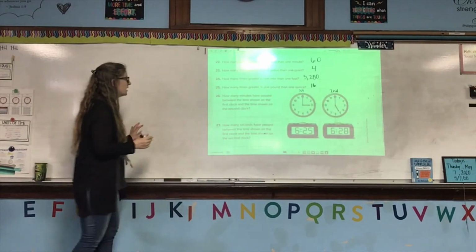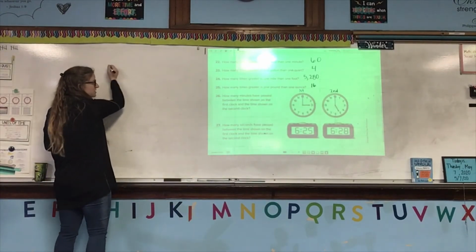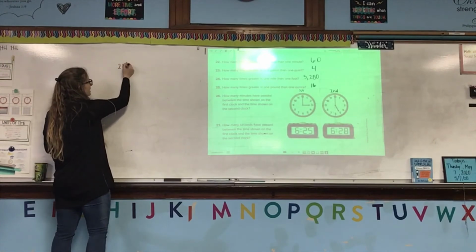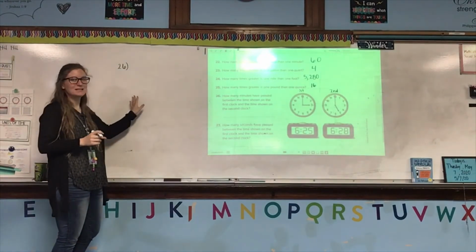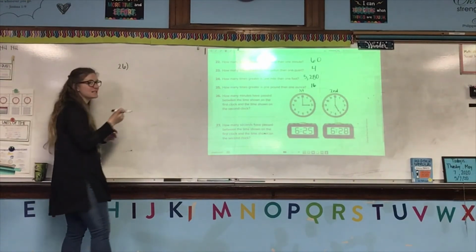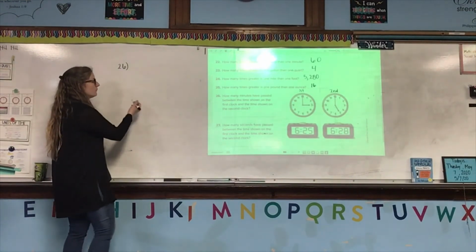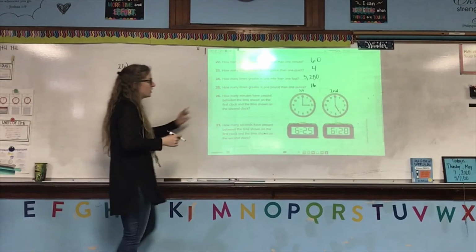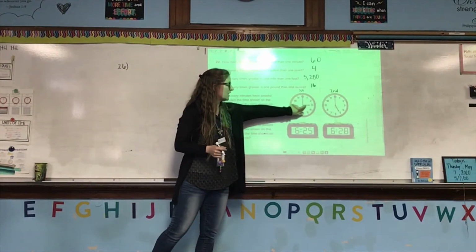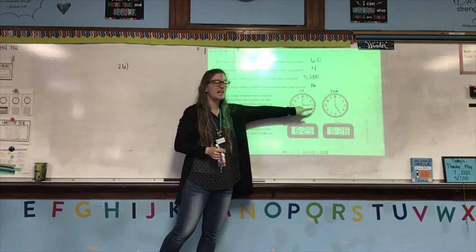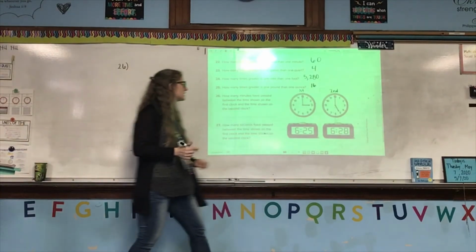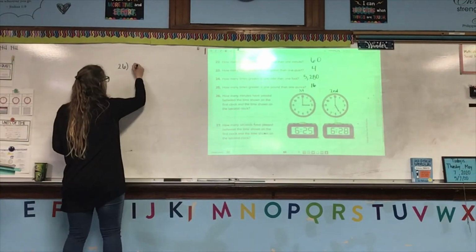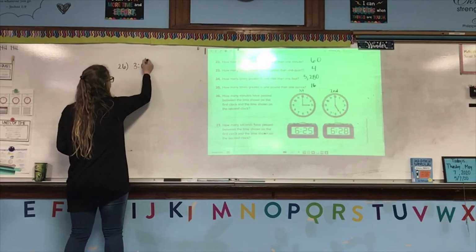For number 26, this is where you did have to go to your separate sheet of paper. I've got seconds on my brain. And we're starting with this clock, which shows us 3 o'clock because the hour hand is on the 3, the minute hand is on the 12, which means we are 0 minutes past 3. So it is 3 o'clock.